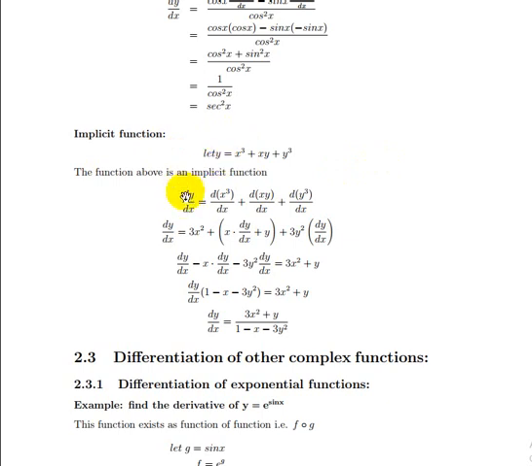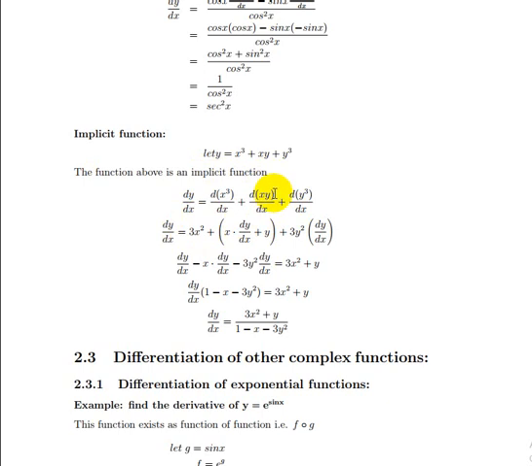So I'm going to differentiate y with respect to x, which equals the derivative of this x cubed with respect to x, plus this other function here with respect to x, plus this other function here with respect to x. Now dy over dx equals, when I differentiate it, 3x squared plus, now to differentiate this, I know that it's a multiplication of two functions.